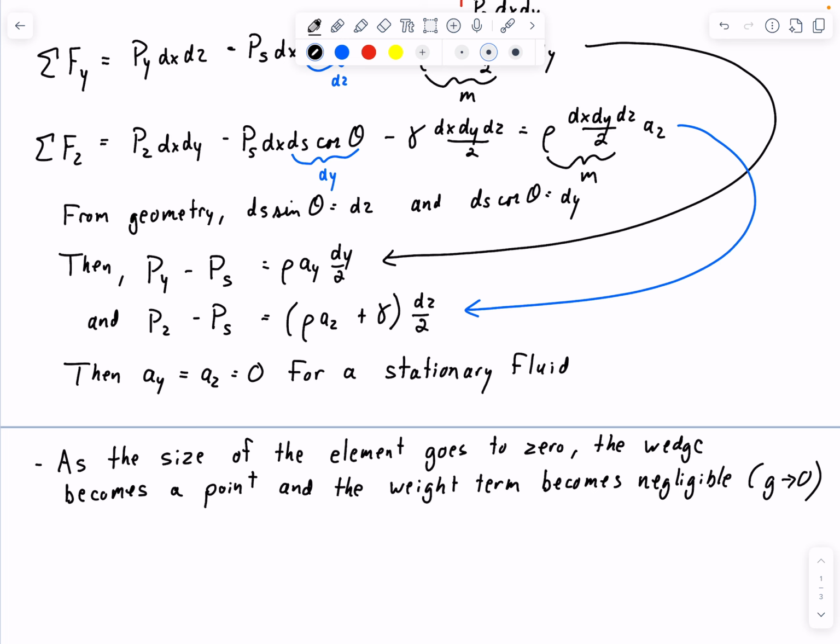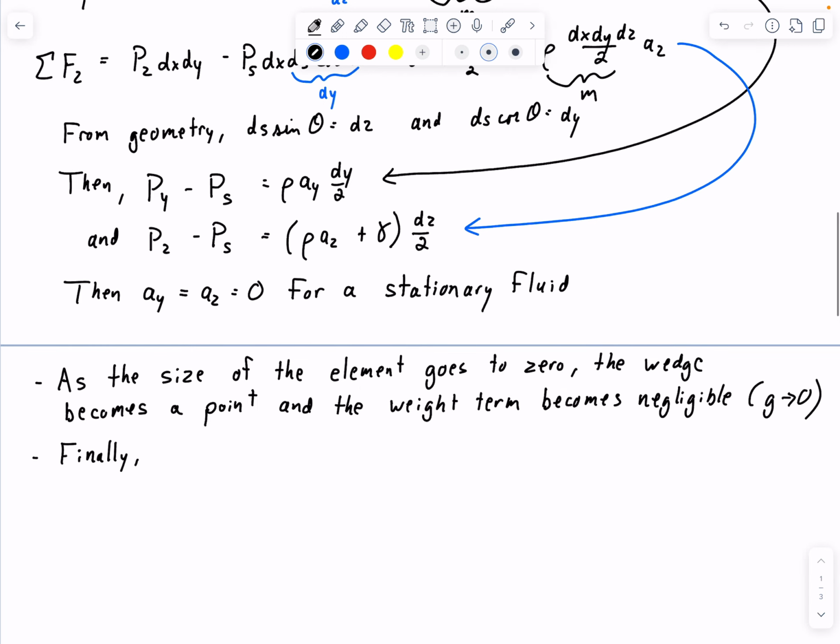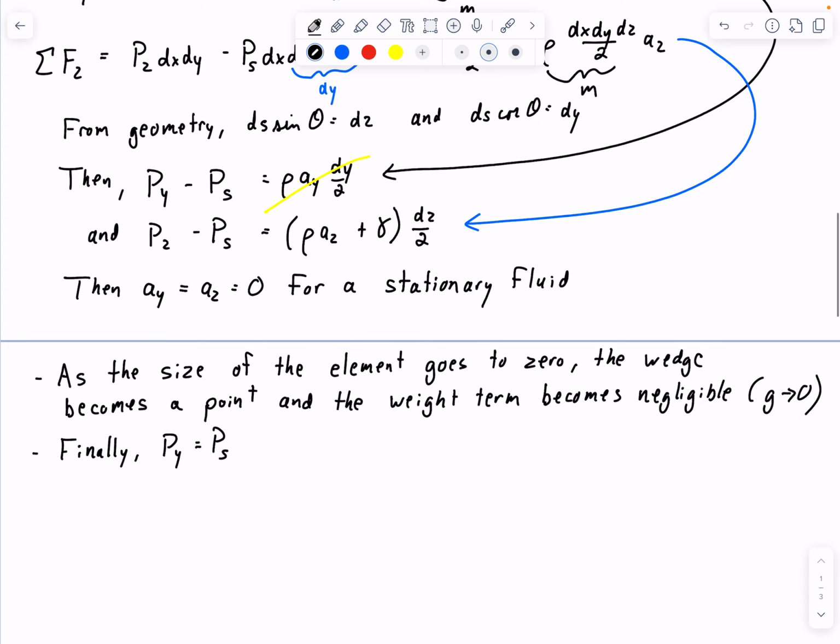So when we make those simplifications, we can come up with these final expressions and say that P sub y is simply equal to P sub s. So again, that results from this term going to 0 because acceleration goes to 0. And P sub z is equal to P sub s.